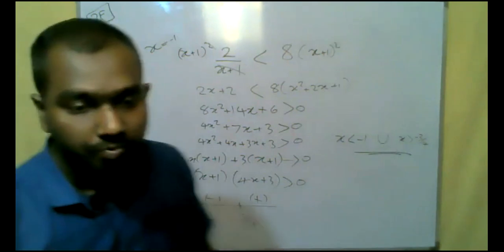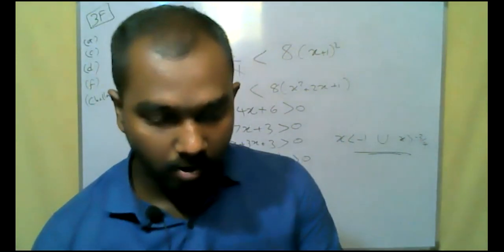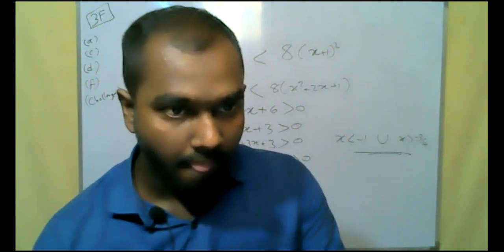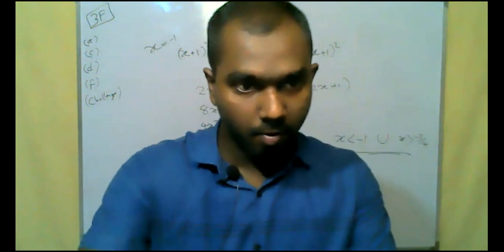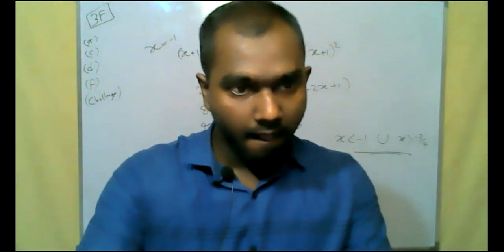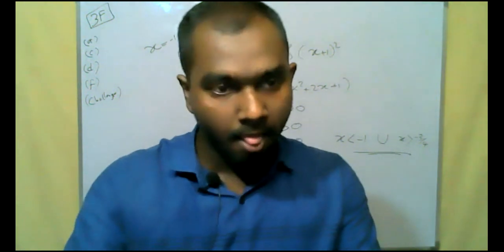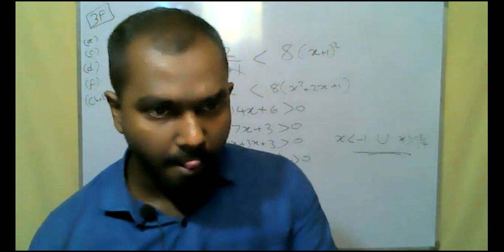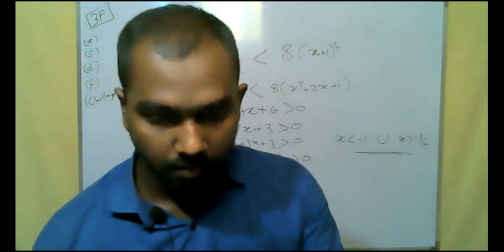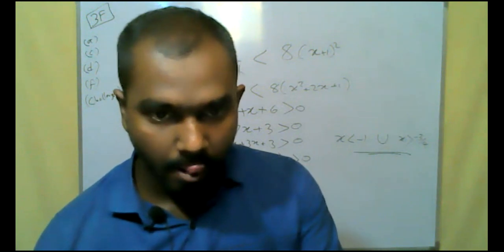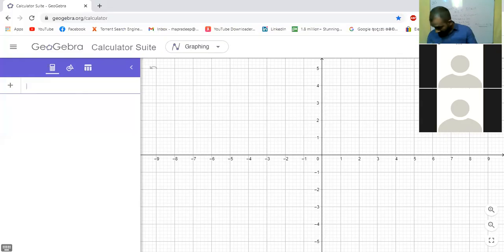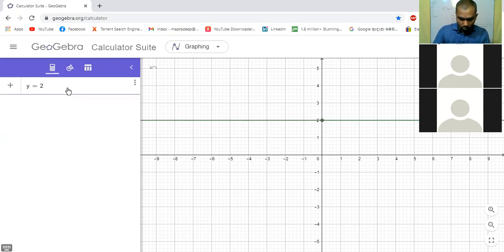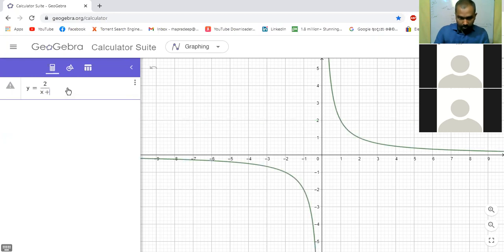Let's try to graph this. Who can graph it? y is 2 over x plus 1, equals 2 divided by x plus 1.